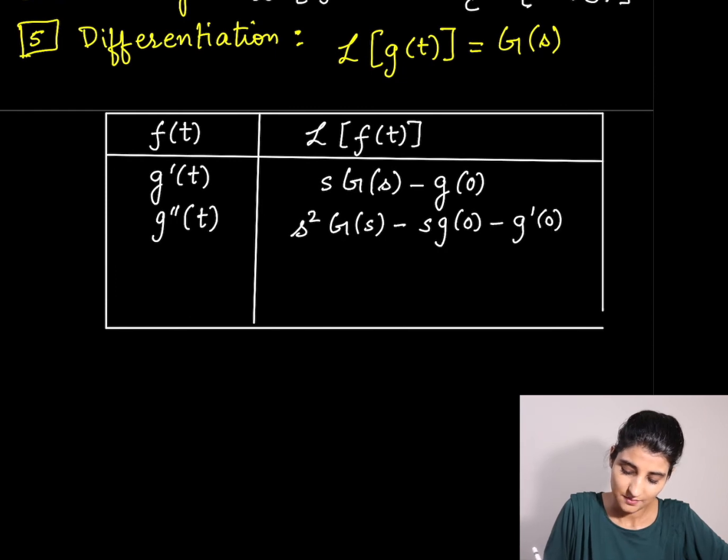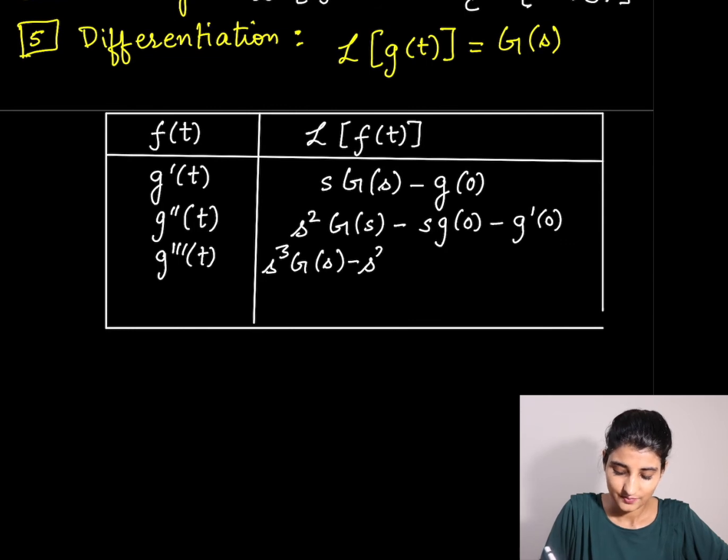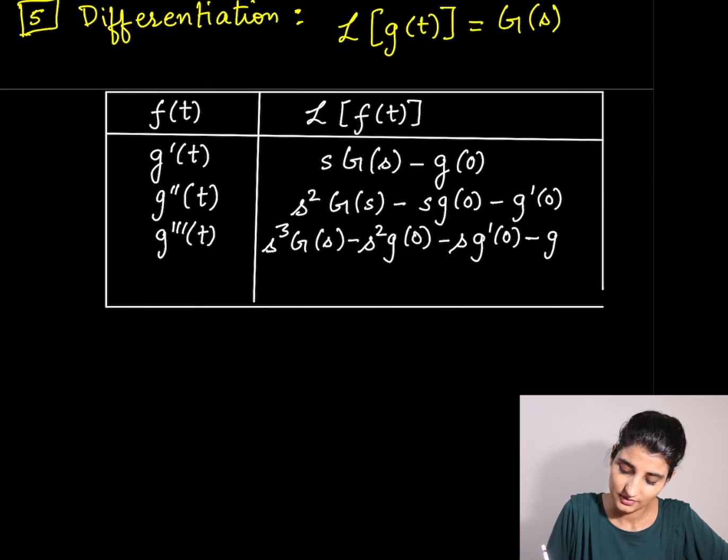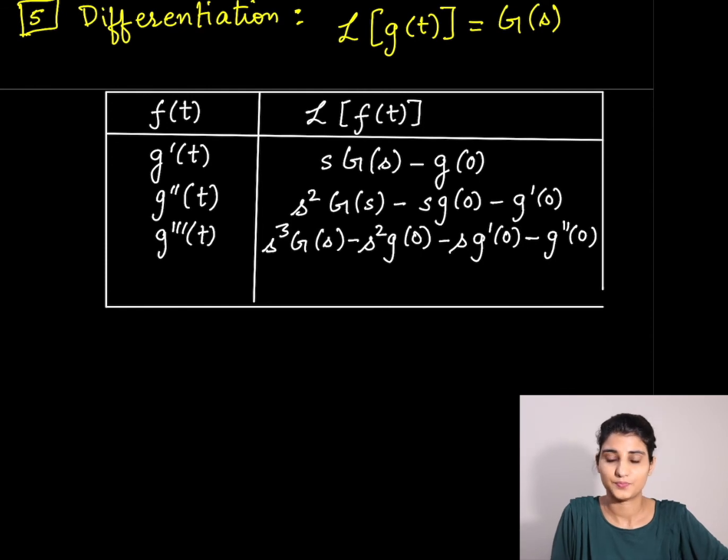Similarly, if we have the third derivative, we start with s cube. First term is s cube G(s), second term is s square g(0), third term is s times the first derivative at 0, and the last term is g double derivative at 0.